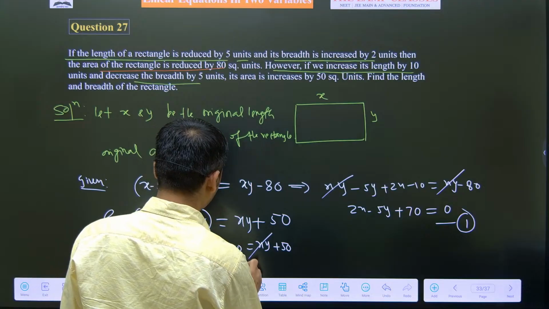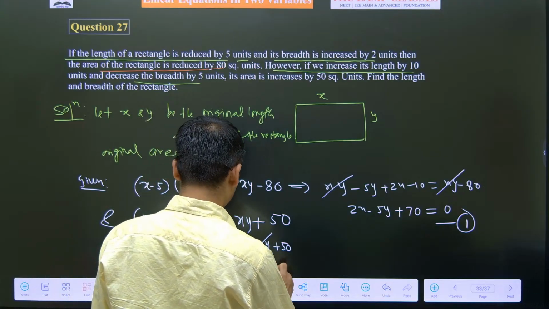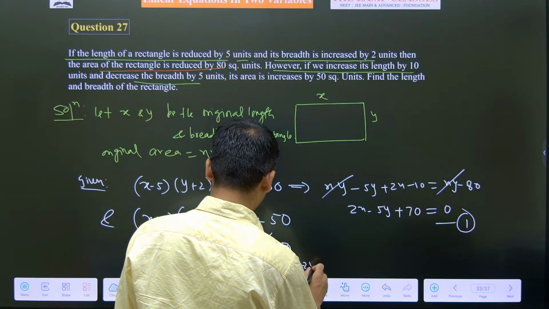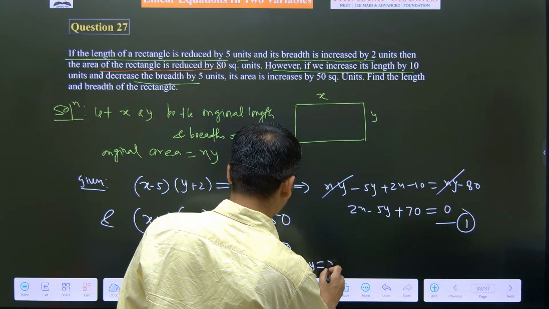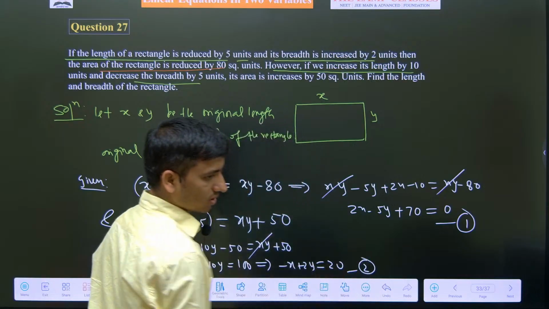Is equal to 100. We can even cancel 5 from each side. So minus x plus 2y is equal to 20. That's equation number 2, guys.